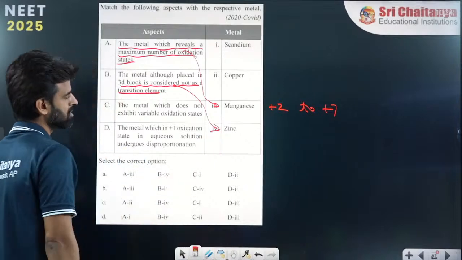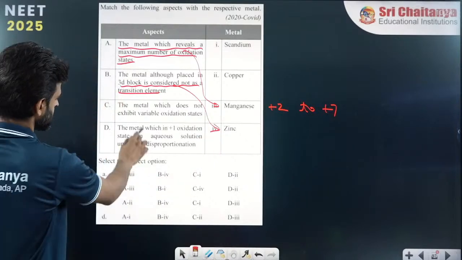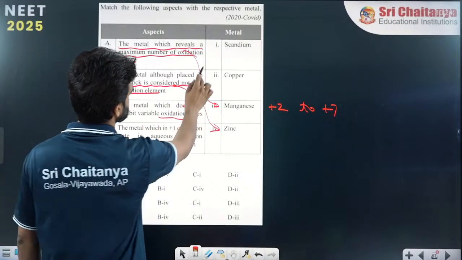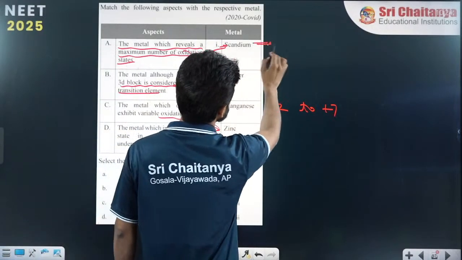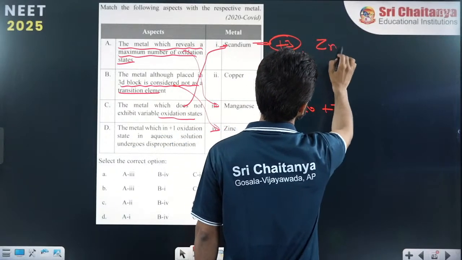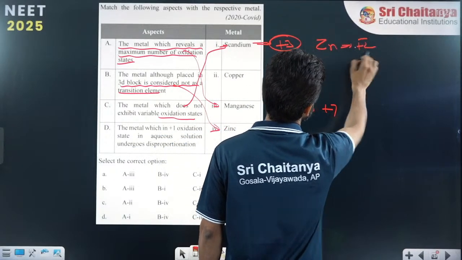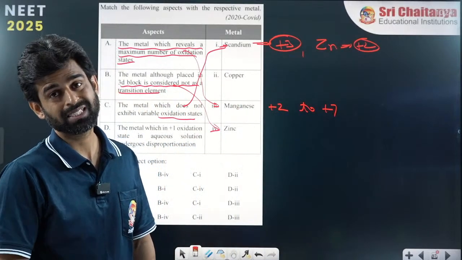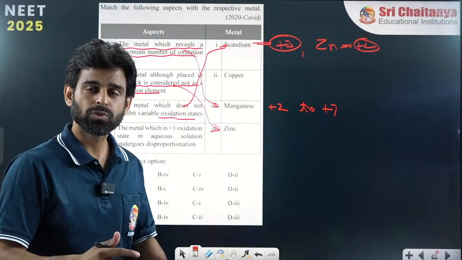In 3d series, which one? Zinc. The metal which does not exhibit the variable oxidation state, which one? Scandium. Scandium shows only +3, no variation. Zinc also I can put in this category. Zinc only shows +2. So scandium and zinc do not show variation in the oxidation state at all.